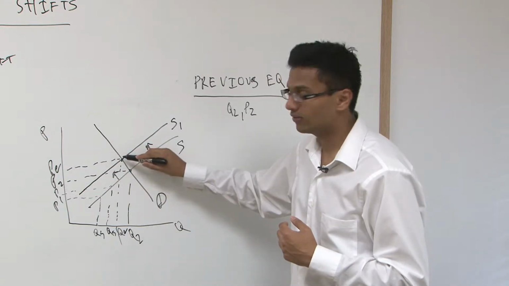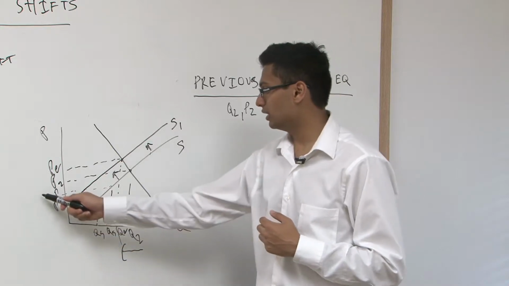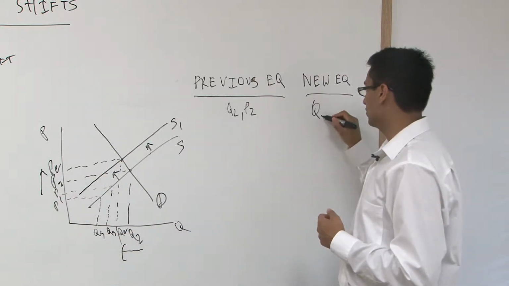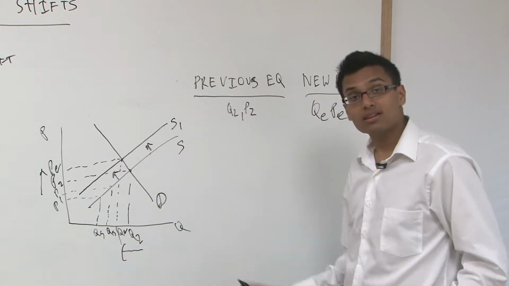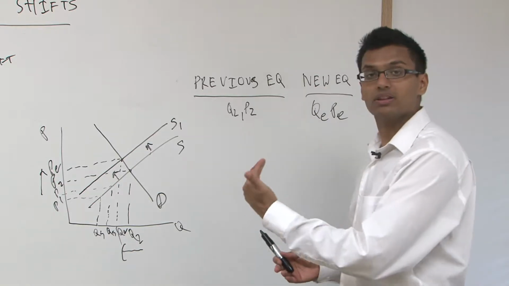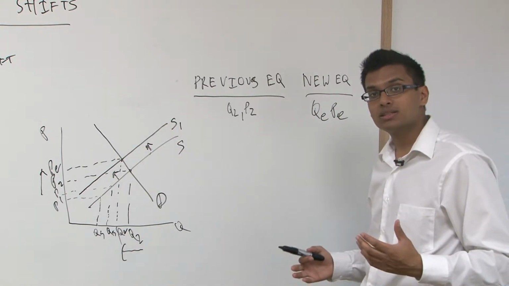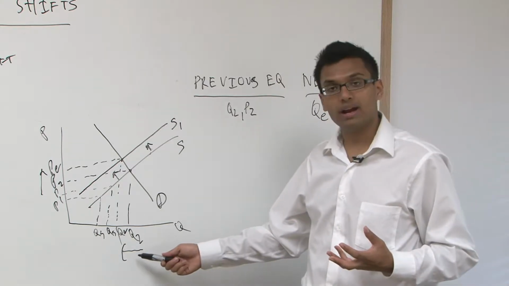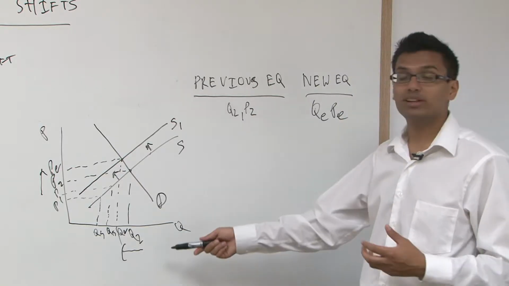If you see my new equilibrium, QE and PE, what happens is that my price has gone up. If I shift my supply line to the left because my cost of input has gone up, my prices have risen, and my quantity equilibrium has gone to the left.